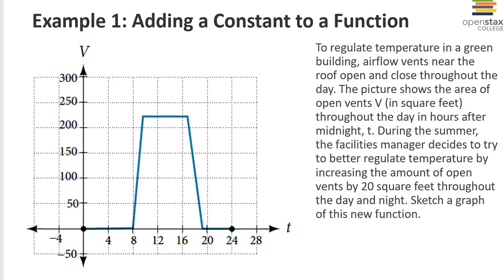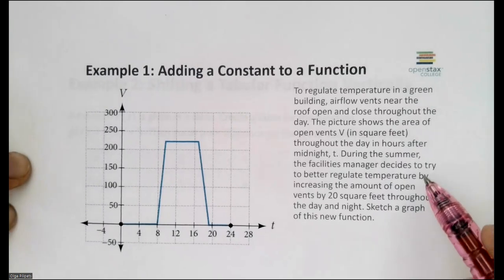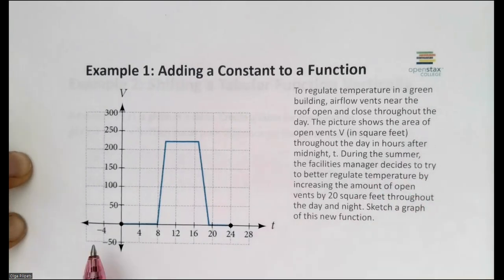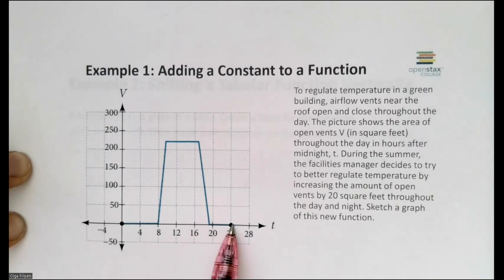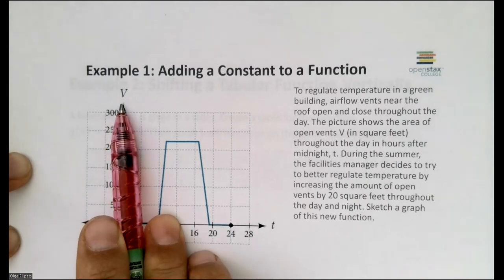So we are not given a formula, as I already mentioned. We are given a graph. How do we approach this? Let's see. Let's break it down a little bit. I want to remind you that we have time t on the x-axis, and on the y-axis, we have the amount of vents.